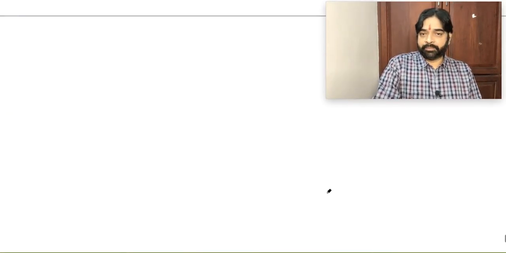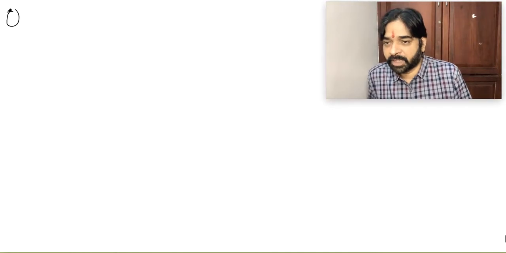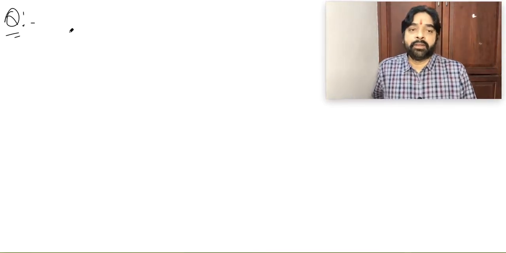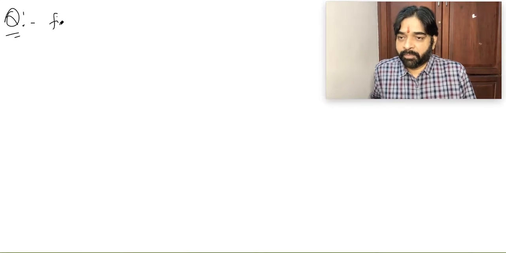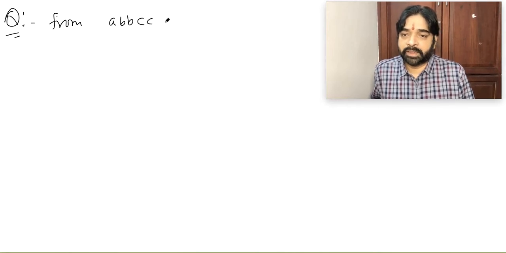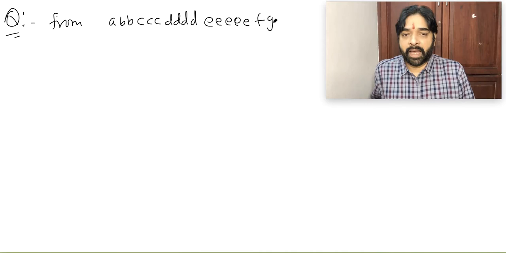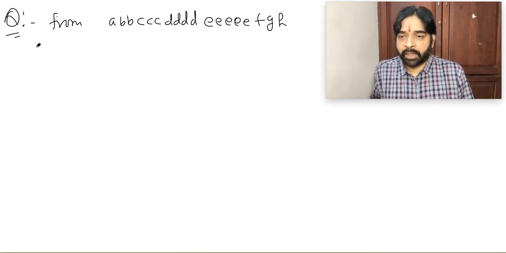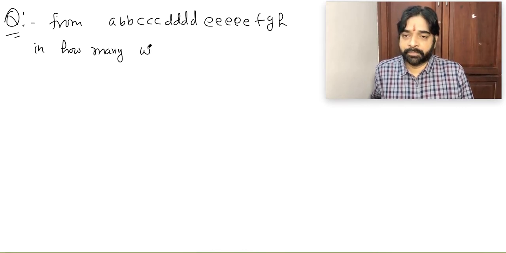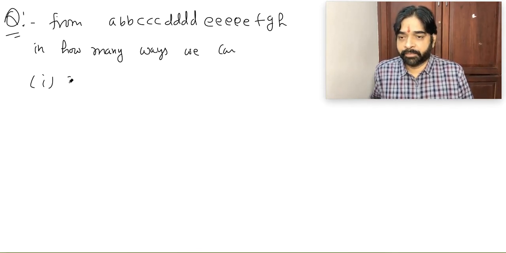So write the questions for homework. Simple, just for practice of this one only. From A, BB, CC, DD, E, F, G, H, in how many ways can we: first bit, select two identical.